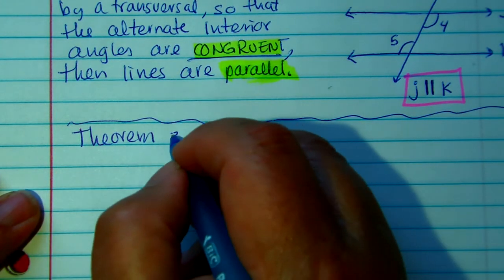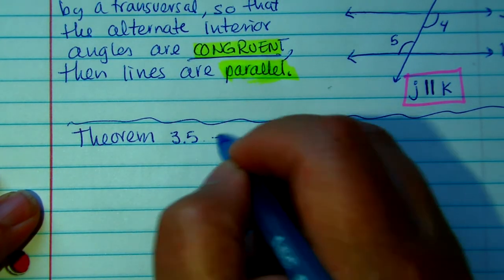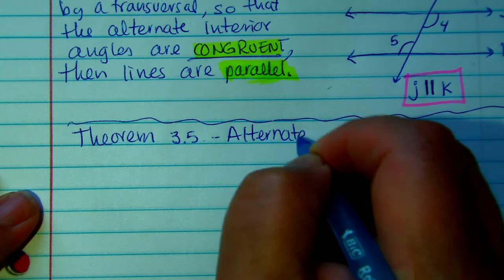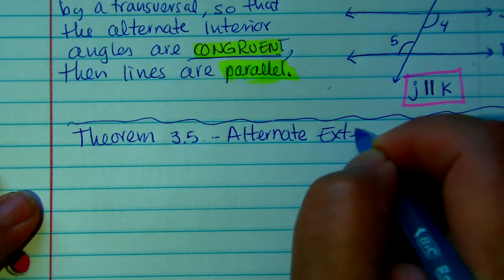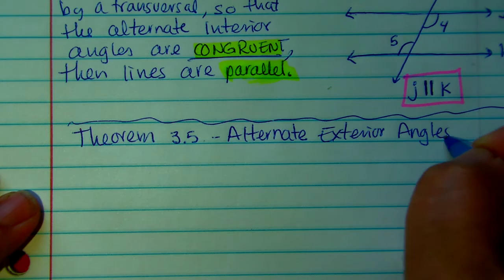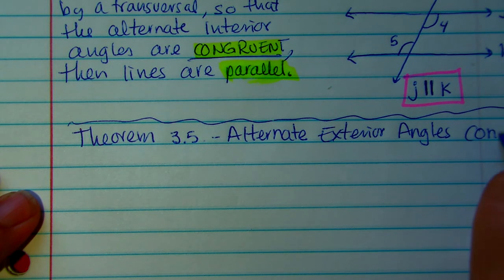Theorem 3.5. This is the alternate exterior angles converse.